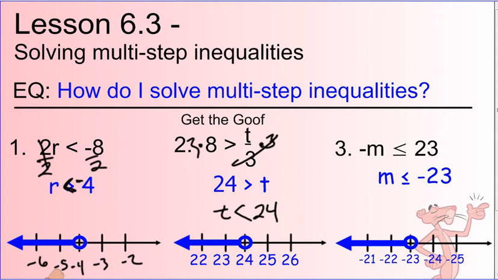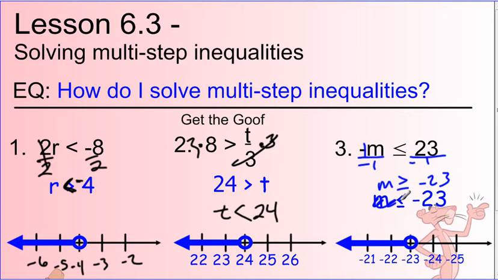Number 3, it says negative m is less than negative 23. Okay, so this is a negative 1m. So you would divide both sides by negative 1 to get rid of the negative there. And when you divide both sides by a negative, you have to change the direction of the inequality.